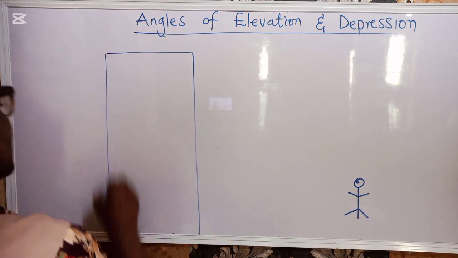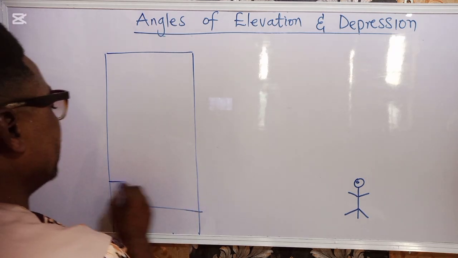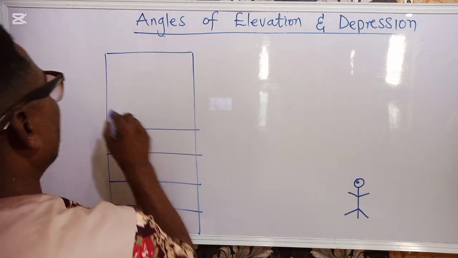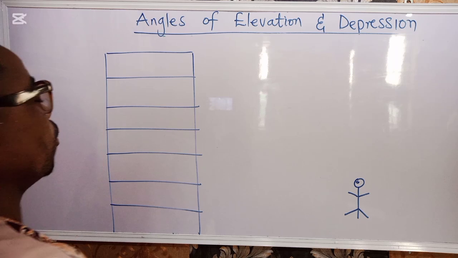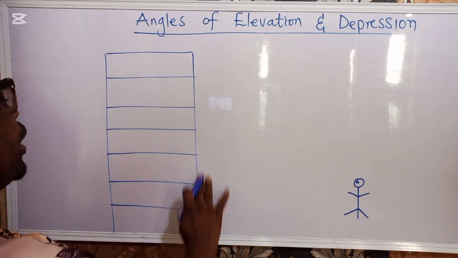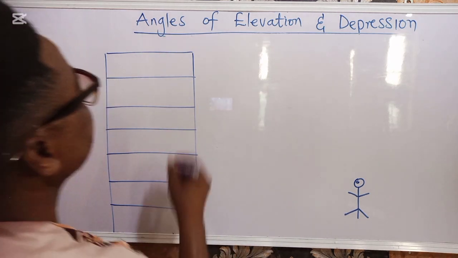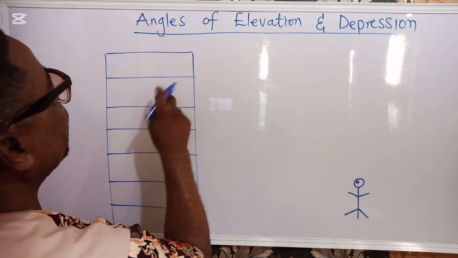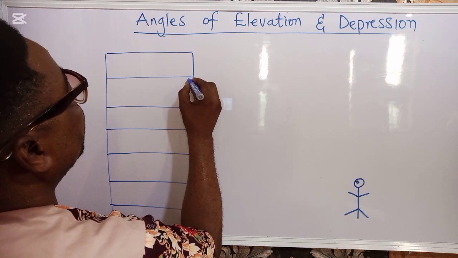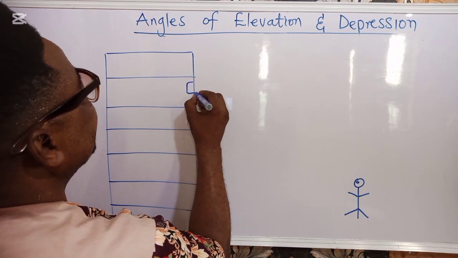Look at the building here. This is the building. We have so many floors there. So many floors. The first floor, the third floor, the fifth floor. And luckily for the boy, or unfortunately, the boy is on the second to the last floor. The boy is there. And he shouted.